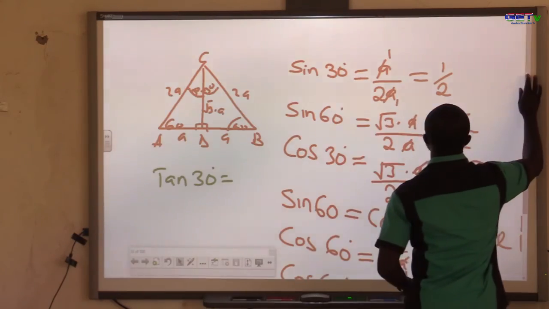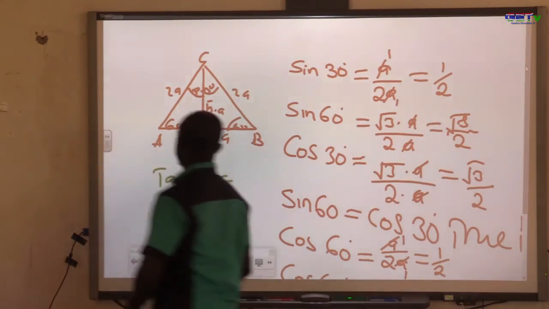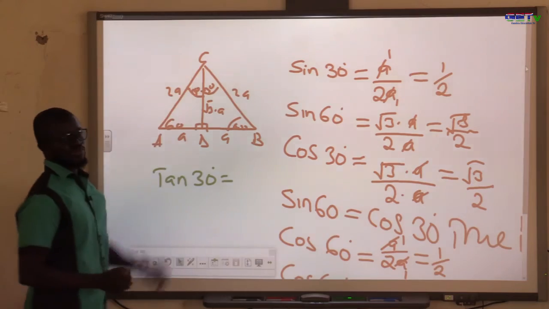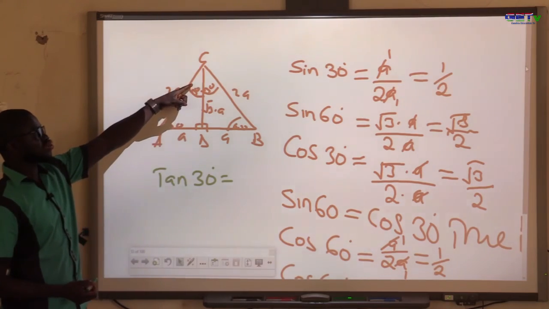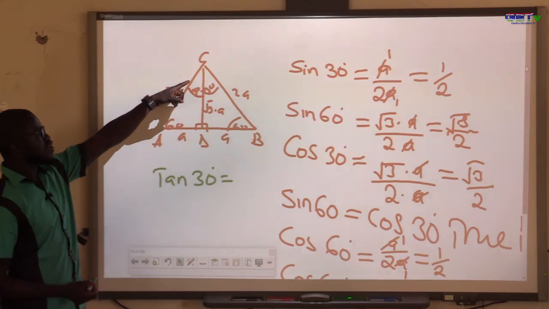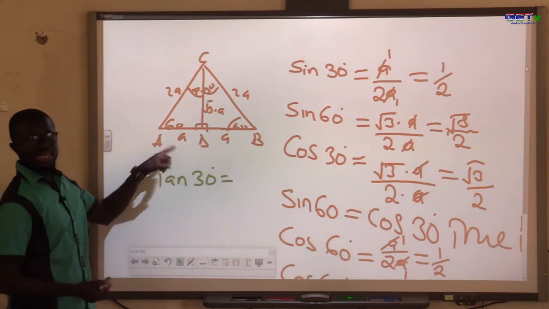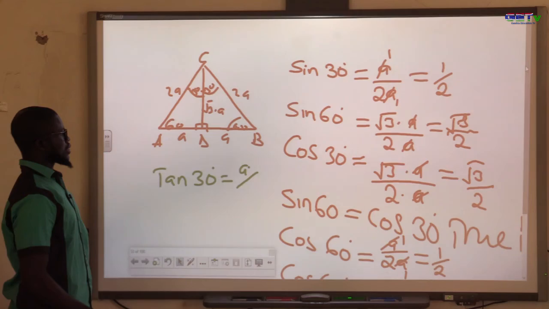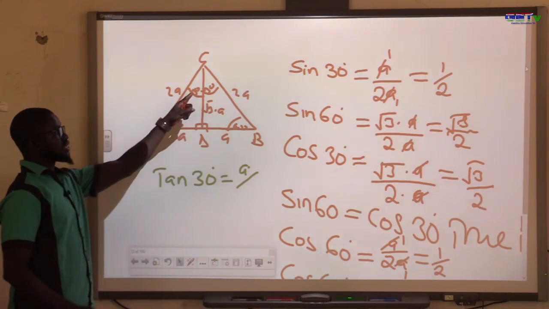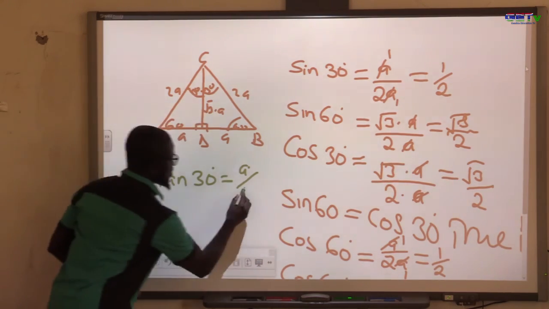I go back to the same right angle triangle, ABC. The angle under consideration is 30. And the opposite to 30 is what? A. So we give A over. Adjacent to 30 is going to be what?